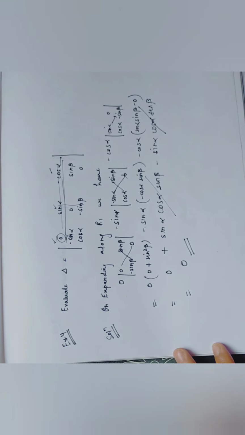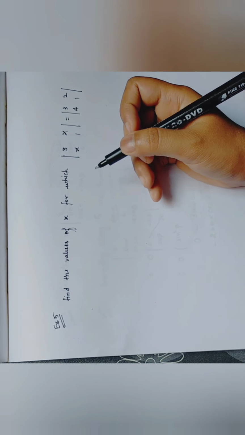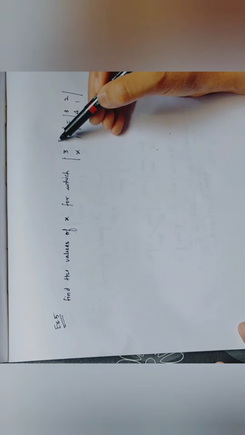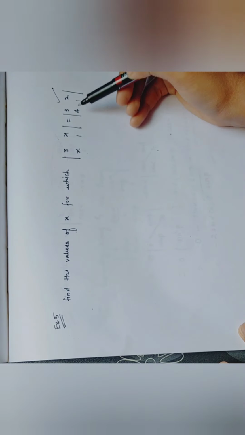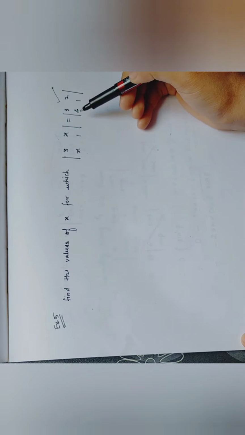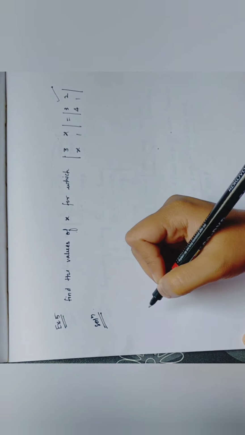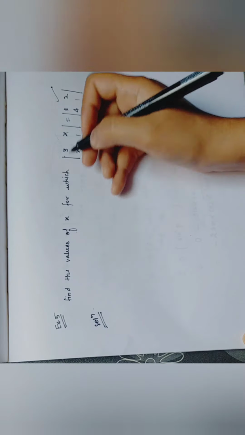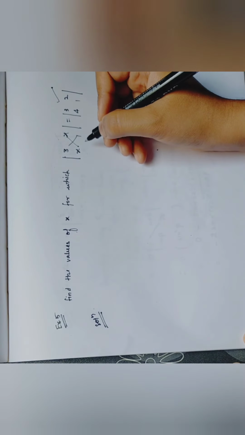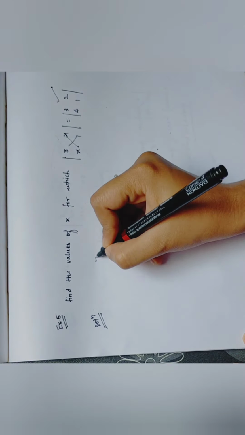Now come to example 5. Here you have to find the value of x for which two determinants are equal and both are determinants of order 2 by 2. So we will directly find out by previous knowledge that we know determinant means cross multiplication and then negative sign. We will open like this.